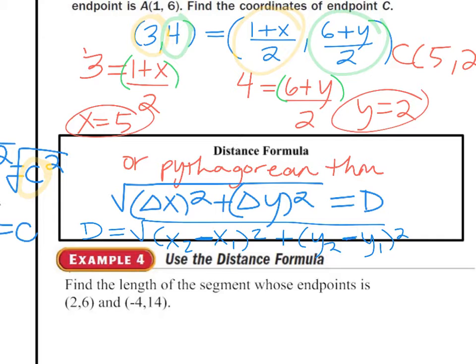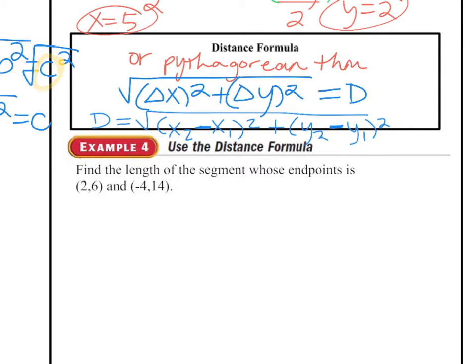All that's saying is horizontal distance squared plus the vertical distance squared. Take the square root of that after you add them together, and you get the distance. So the triangle means change. So we're going to find the length of the segment whose endpoints are 2, 6 and negative 4, 14.